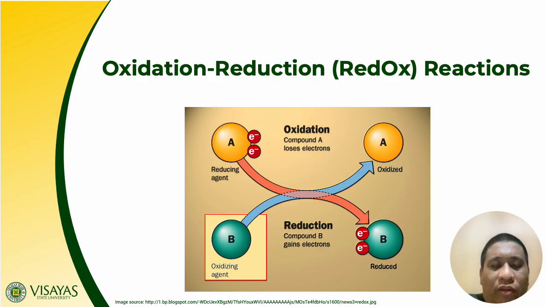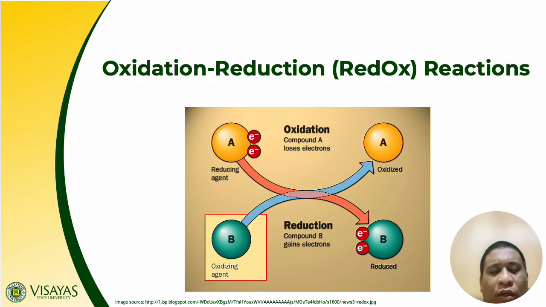So in oxidation, there is a loss of electrons. You can remember this by using the term LEORA, which means loss of electrons, oxidation, reducing agent. Then for another reactant, the counterpart of the oxidation reaction is the reduction reaction.